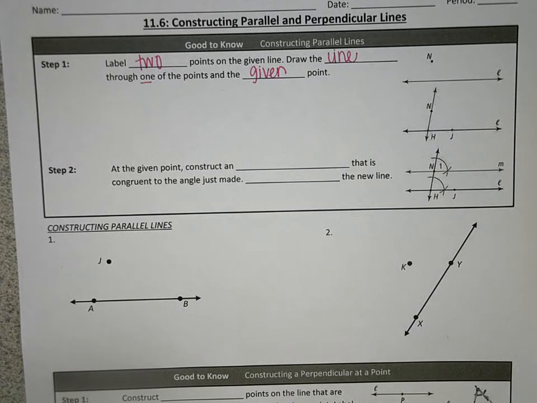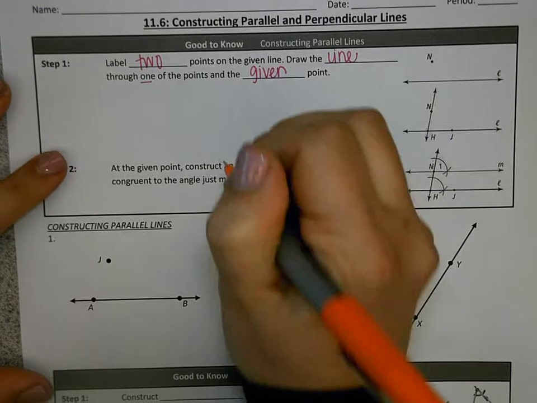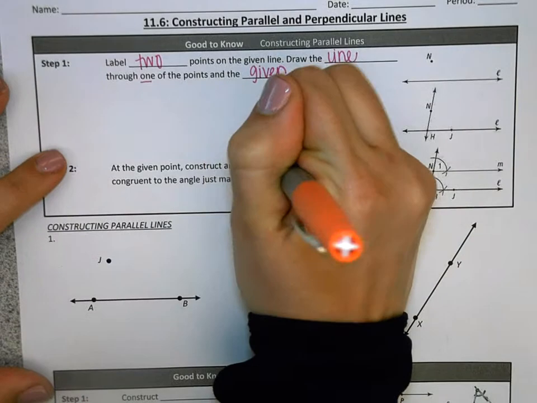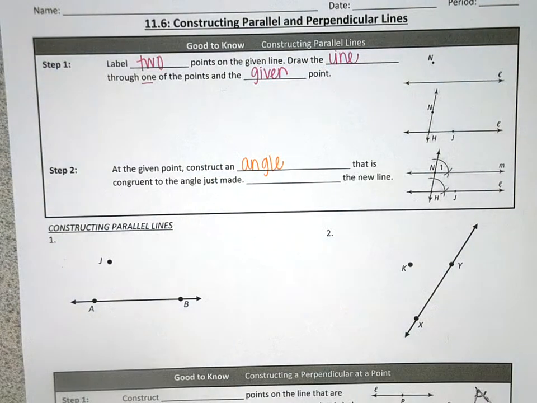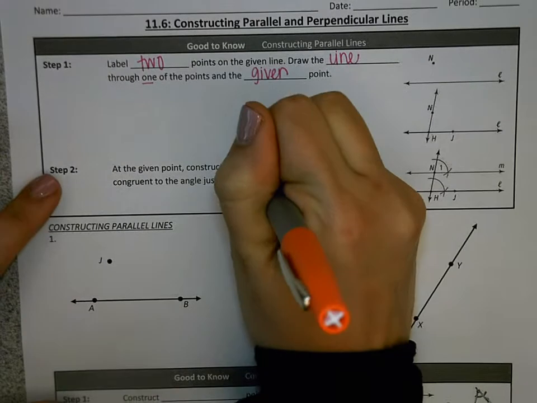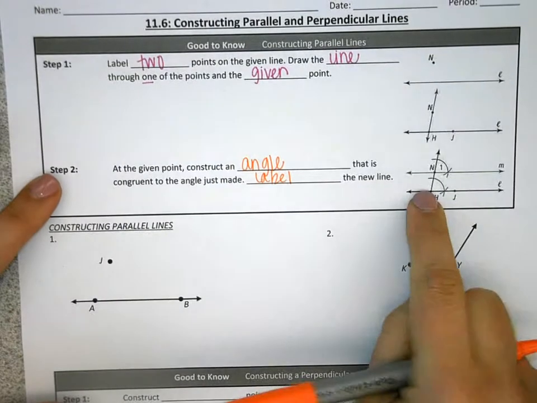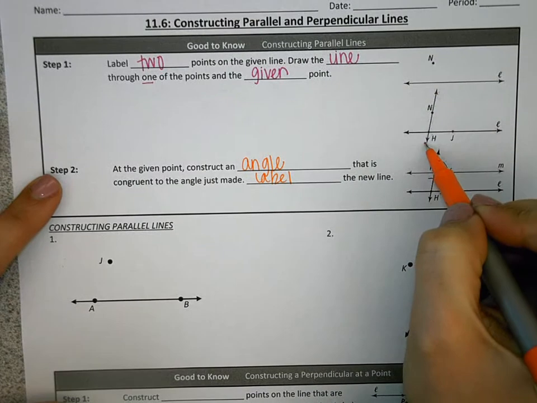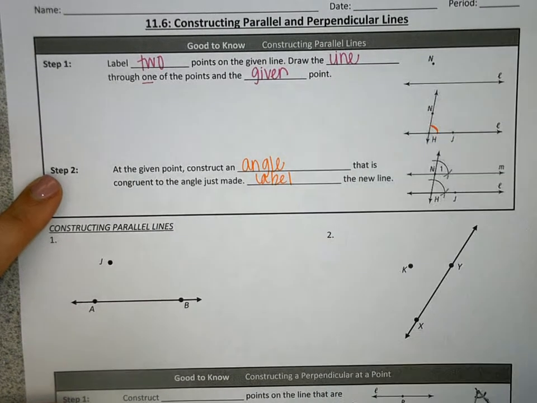And then we are going to construct an angle using our copying an angle steps from 10.1 that is congruent to the angle that you just made, and you're going to label the new line. So when we draw a line here, there's an angle that's formed, right?